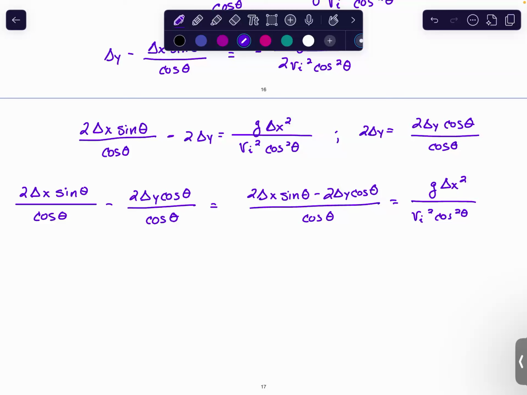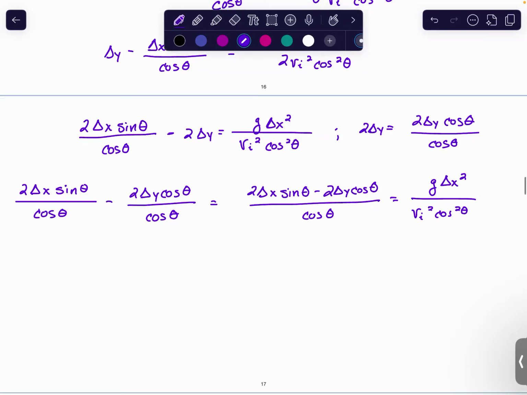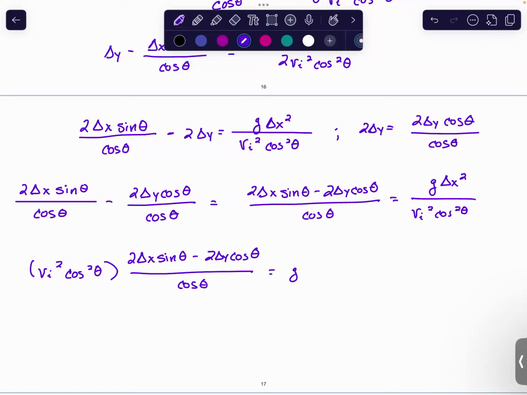Now I'm going to multiply through by the initial velocity squared cosine squared theta. And then what you see here is I have cosine in the denominator. I get rid of that cosine squared.